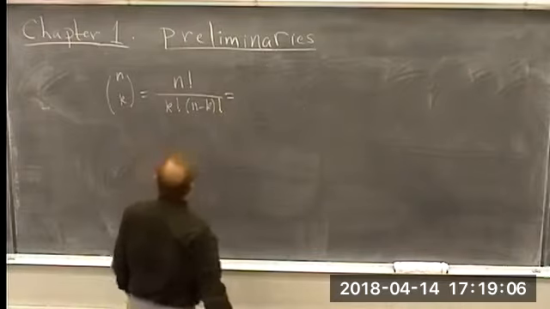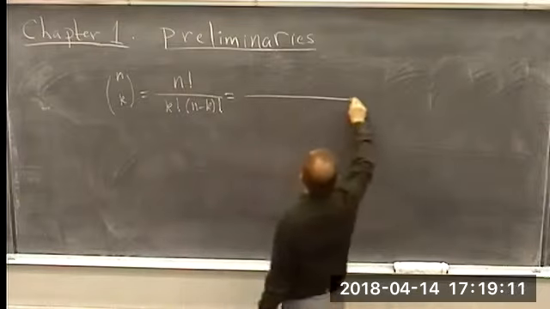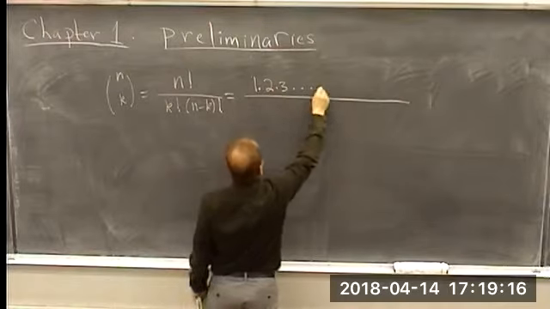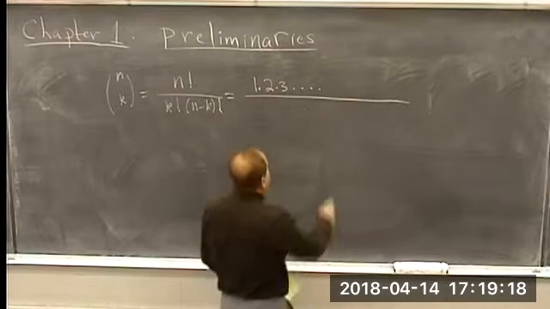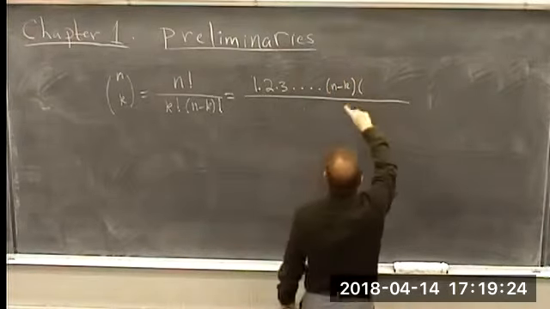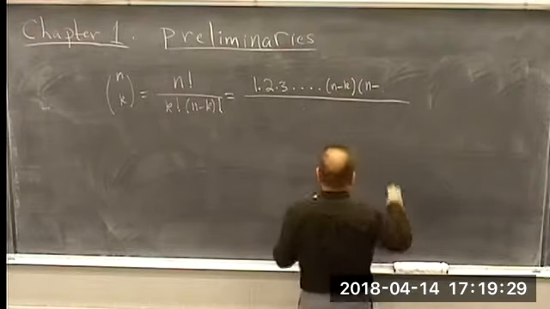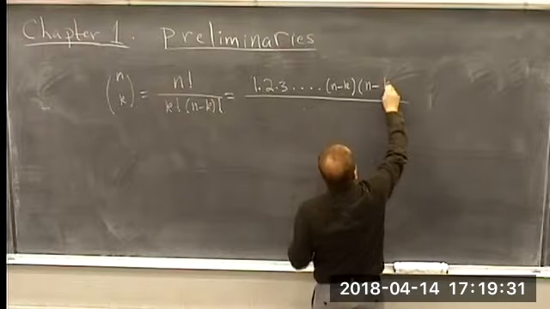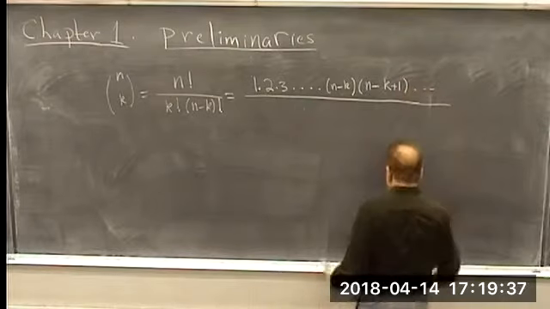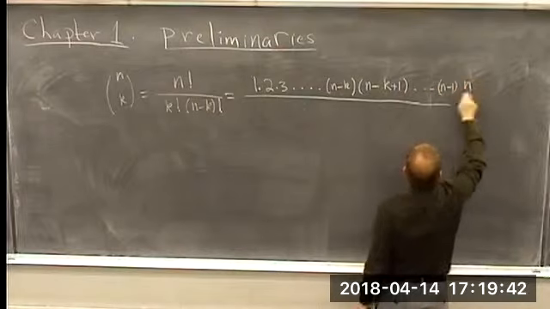If I expand the n factorial, means write it as this product, 1 times 2 times 3, and so on, up to n minus k, then the next one is one bigger than this, n minus k plus 1, and so on, up to we reach n minus 1 and then n.